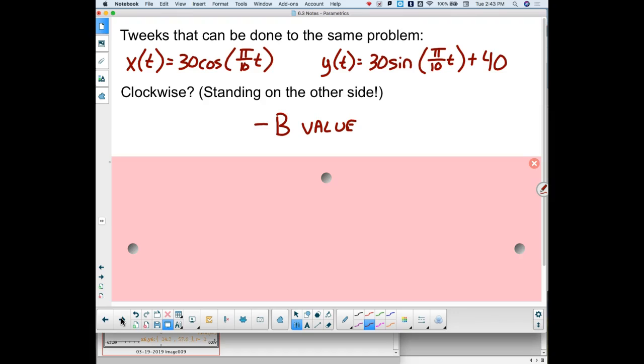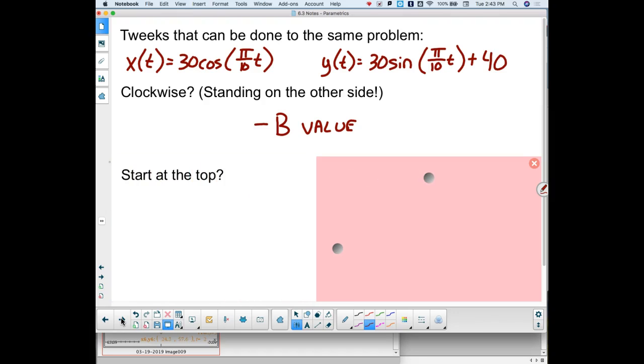when you've ever gotten on a Ferris wheel, have you ever gotten on the right side? I don't know if I've ever gotten on the right side. So what happens if I said we want to get on at the top? Which means we start at the top.